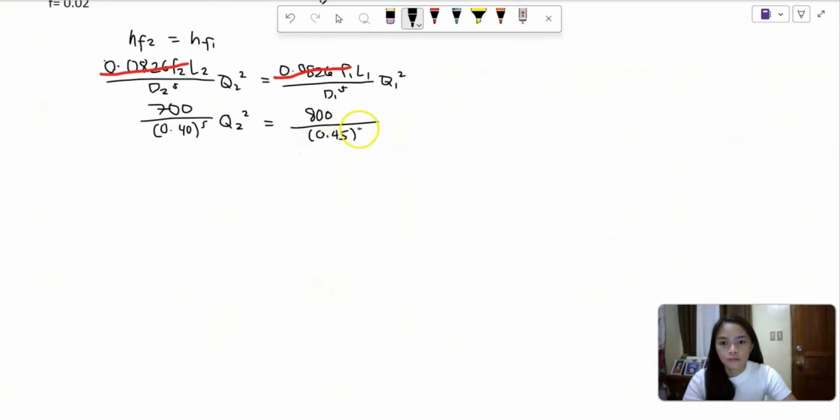By plugging in the calculator, we can get here 68,359.375 Q sub 2 squared equals to 43,825 Q sub 1 squared.